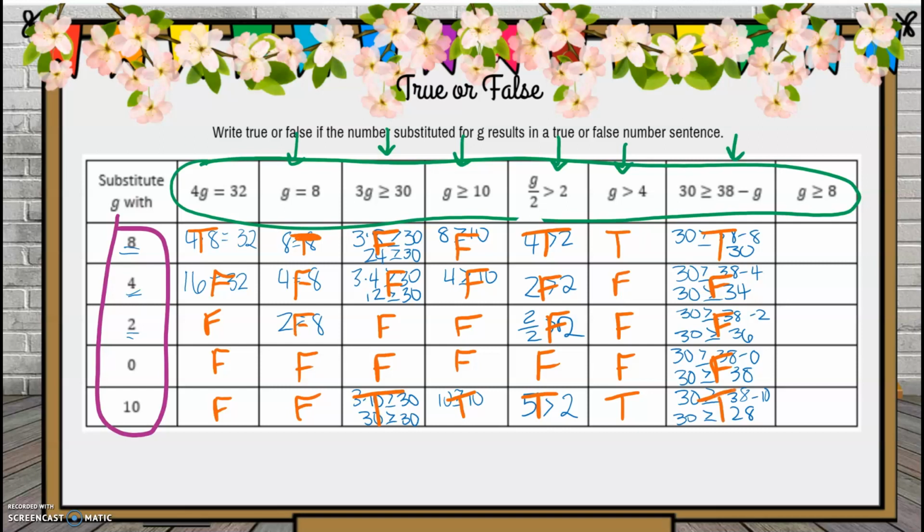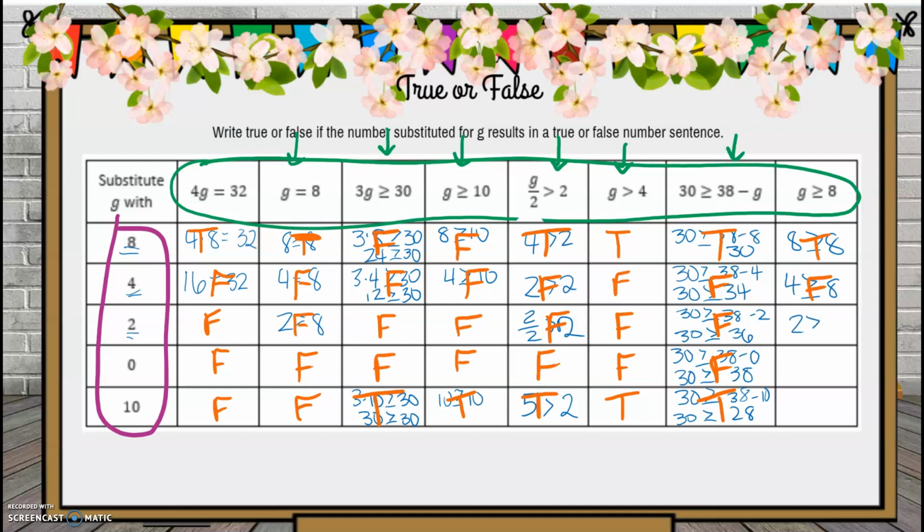For our last one, G is greater than or equal to 8. If G was 8, is 8 greater than or equal to 8? Absolutely, that one is true. What about 4? Is 4 greater than or equal to 8? Nope, that one is false. What about 2?